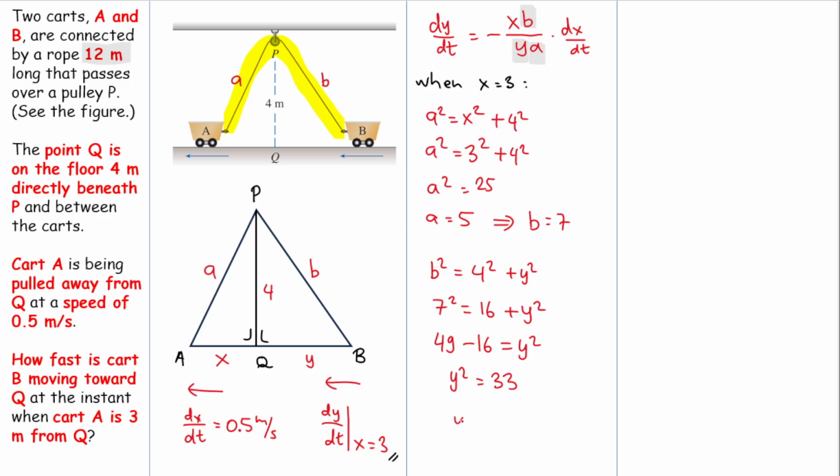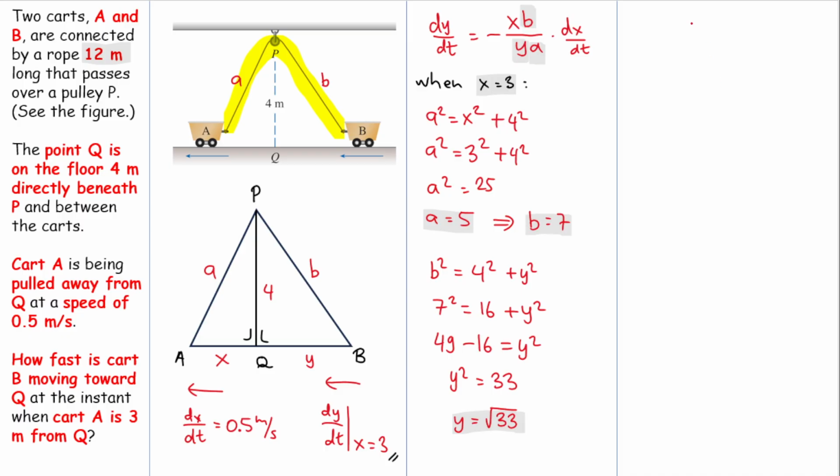So y here is the square root of 33. Good, now we have all the things: we have x, y, a, and b. What we need to do is just plug all of the values into this one.